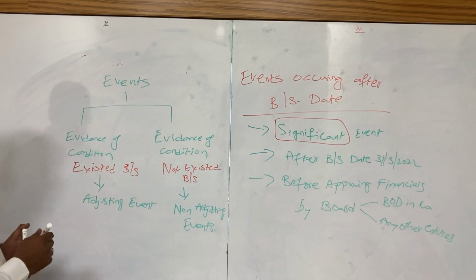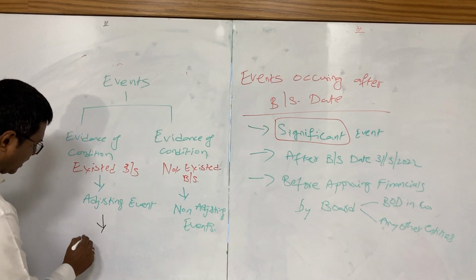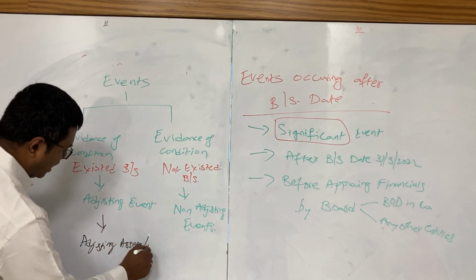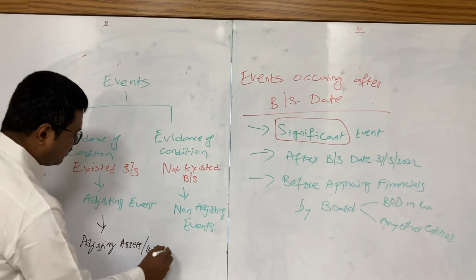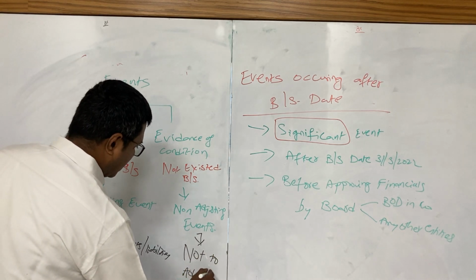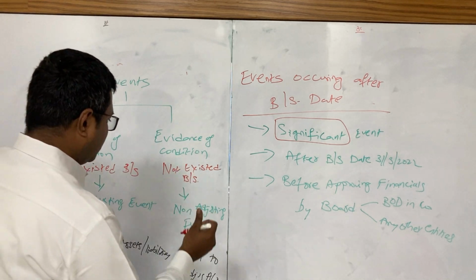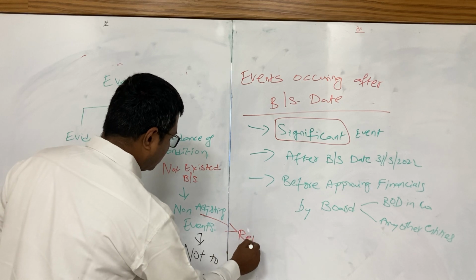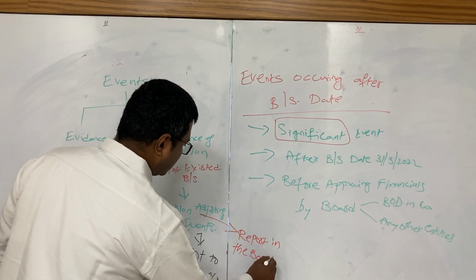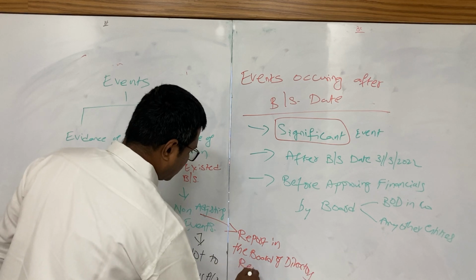In case of adjusting events, the accounting treatment is you have to adjust, as the name says, assets or liabilities. In case of non-adjusting events, you do not adjust assets or liabilities, but you have to report it in the board of directors report.